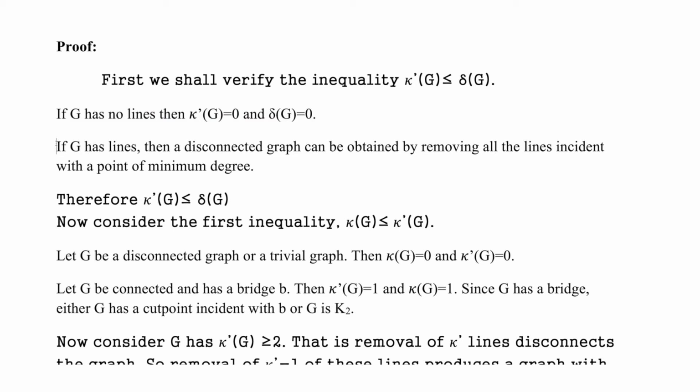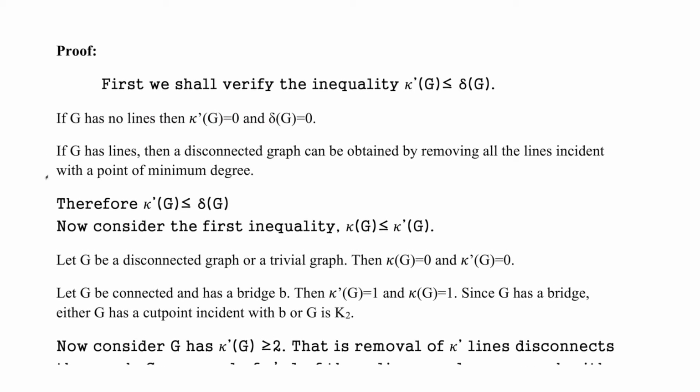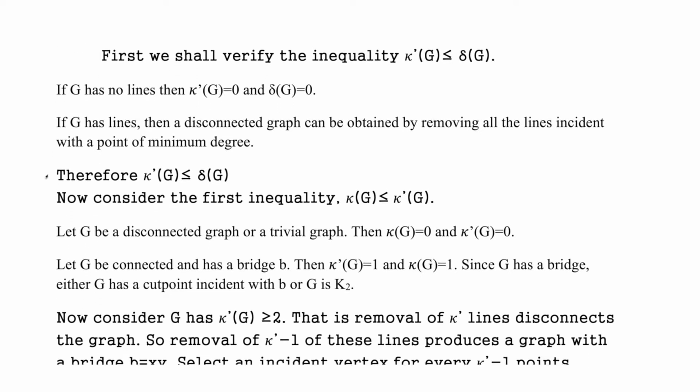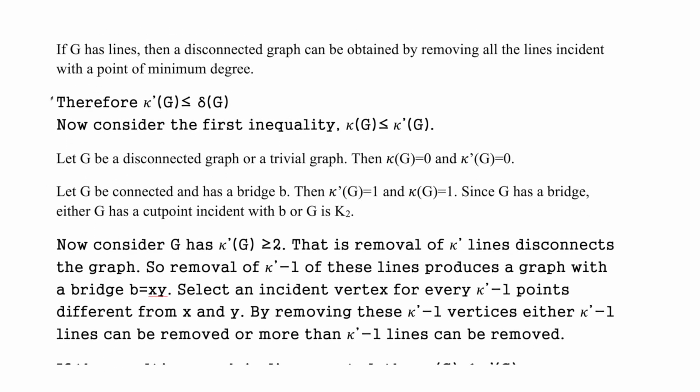If G has lines, then a disconnected graph can be obtained by removing all the lines incident with the point of minimum degree. So, here we are taking the point of minimum degree and removing all the lines incident on it, which gives us a disconnected graph, which means kappa dashed of G, the edge connectivity, is less than or equal to delta of G, that is the minimum degree. That is, we proved the second inequality here.